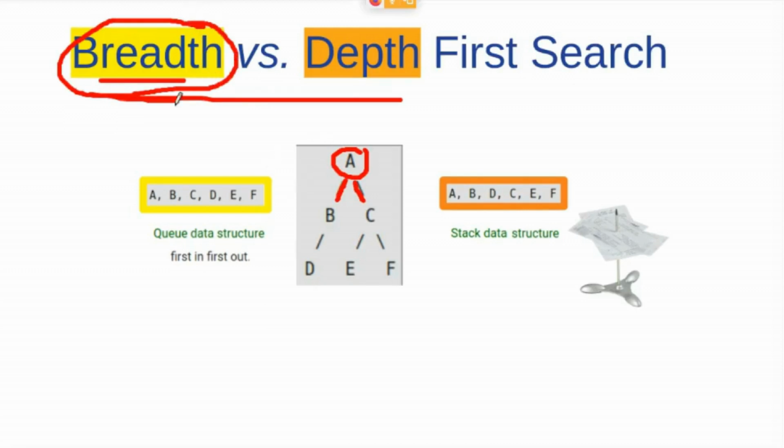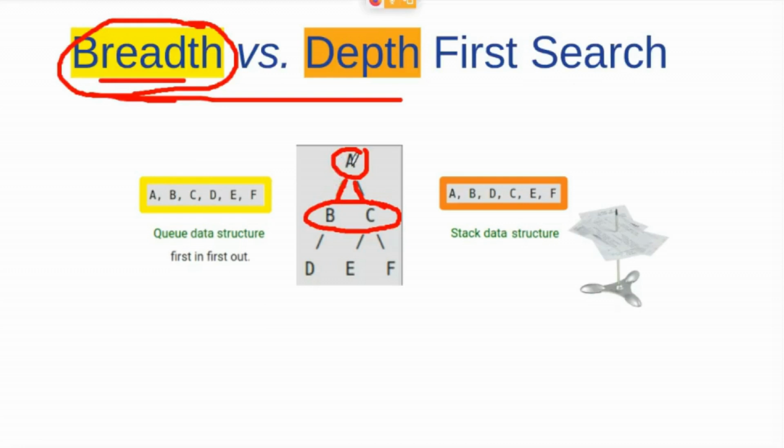That's the name, the breadth first search. We use the breadth possibilities in here. So we assess all the possibilities for every level in the diagram. So we assess A and B, A and C, right?